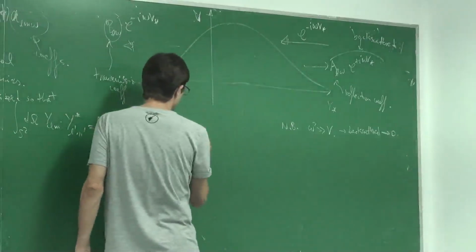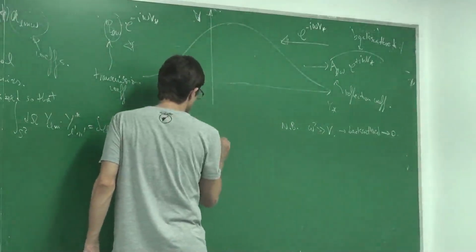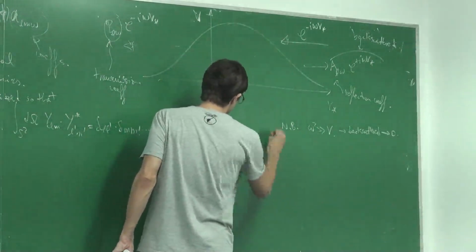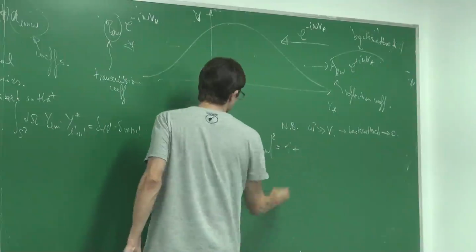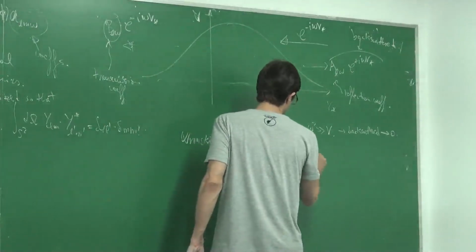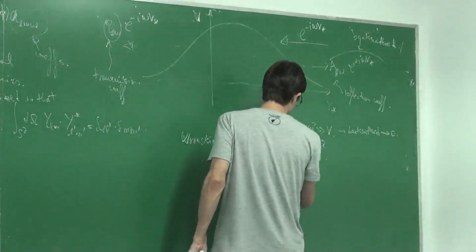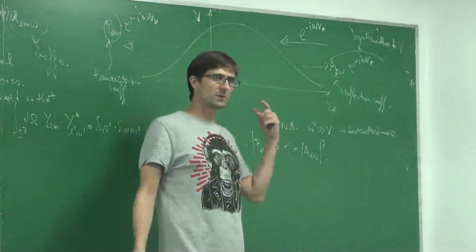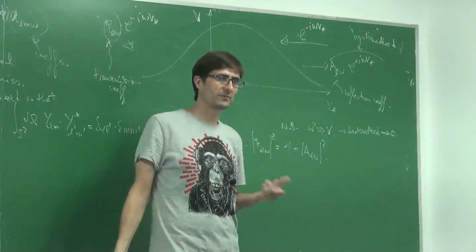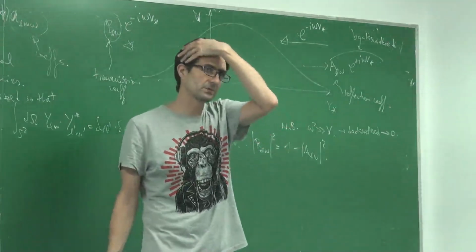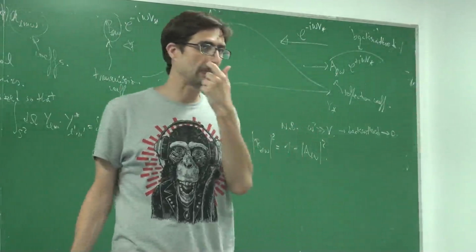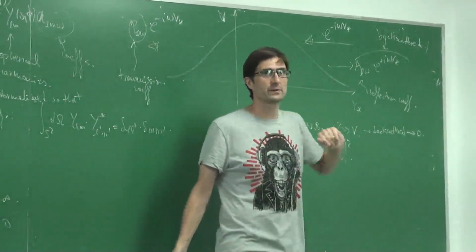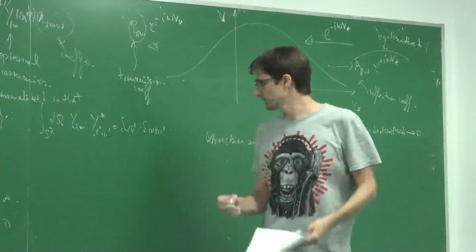You can impose the Wronskian condition, and that just gives you that the amplitude squared of the reflected part plus the transmitted part is equal to unity, if you've normalized your incoming wave with unit amplitude.